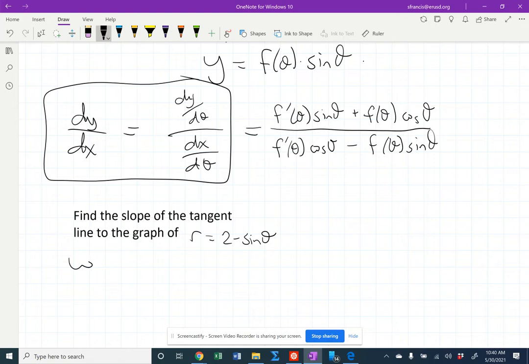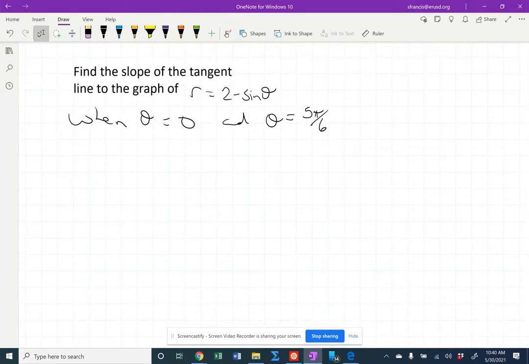And we'll do this when theta is equal to 0 and theta is equal to 5 pi over 6. All right. If you understood what I've told you so far, go ahead and try it. Push pause, go work it out, go as far as you can, and then see if it matches mine when you come back.